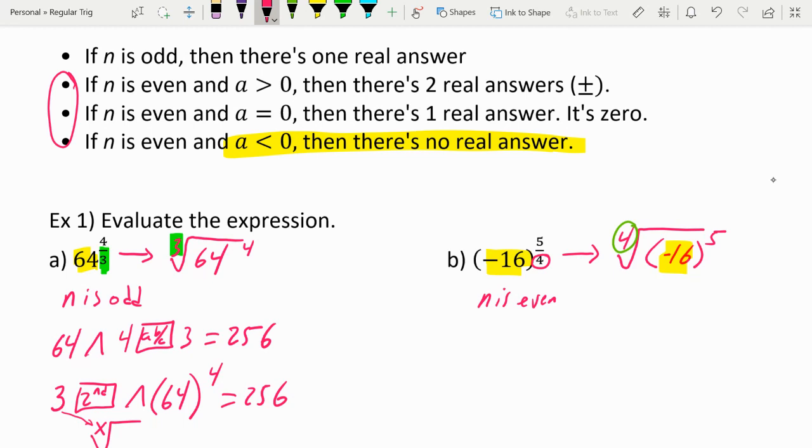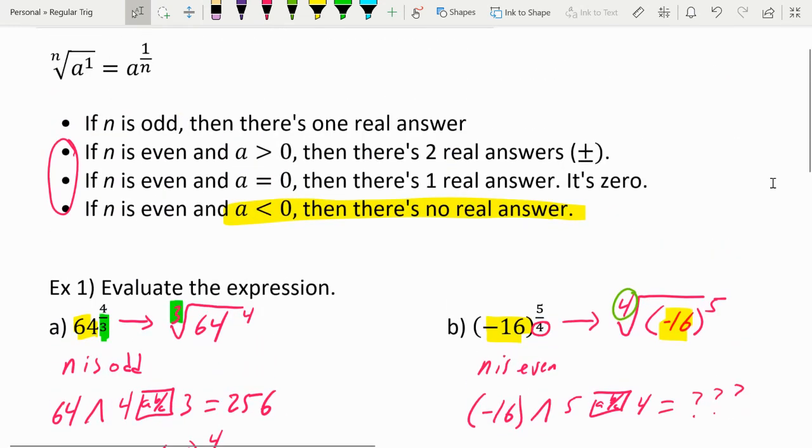Again, negative 16 raised, and then you could do 5, the ABC button, to the 4th power. What do you get? I'm sure you're probably going to get some domain error. Or try doing it the other way, in radical notation form. You'll end up with some domain error of some sort.